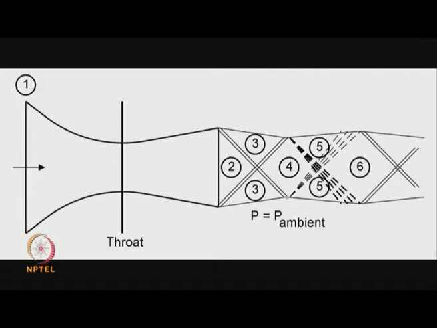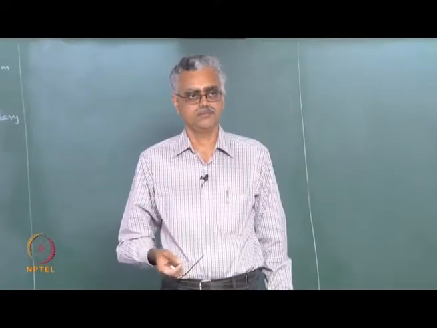Similarly, the point of impingement of the oblique shock from above is here, and once again we trigger an expansion fan from here. So, the pressure in region 5, remember region 5 is now in direct contact with the atmosphere, separated only by a jet boundary. So, that means pressure in region 5 is P ambient, same as outside.